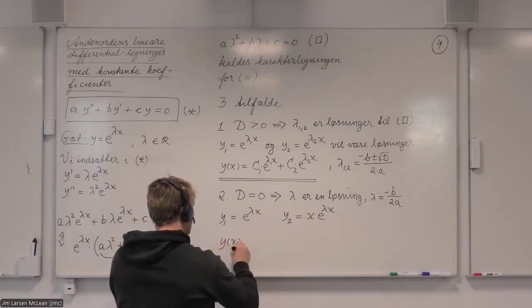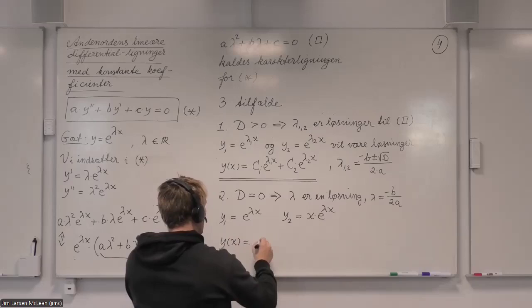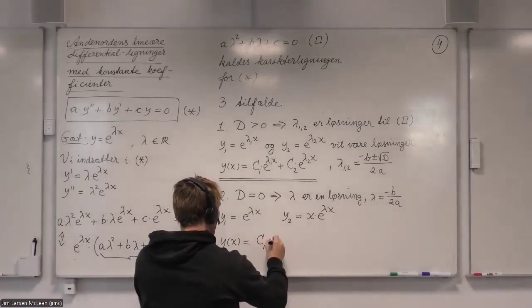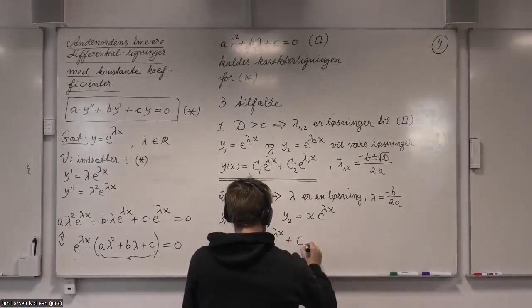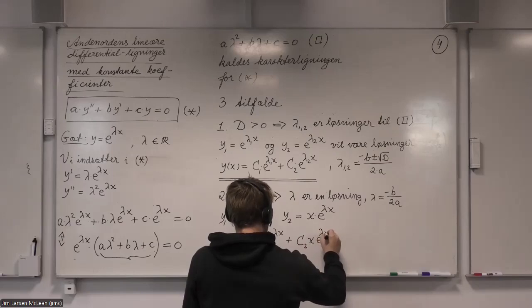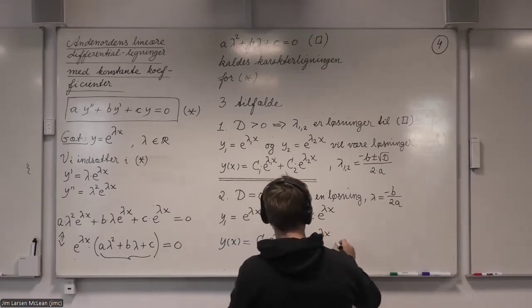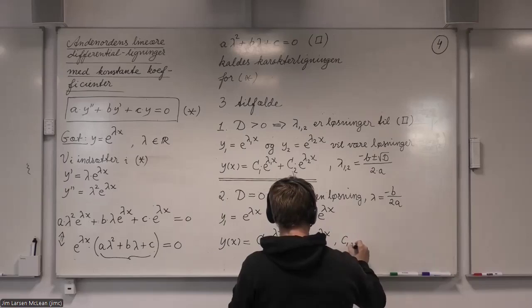When the discriminant is 0, it becomes C1 e to the lambda x plus C2 x times e to the power of lambda x, where those constants C1 and C2 are arbitrary real numbers.